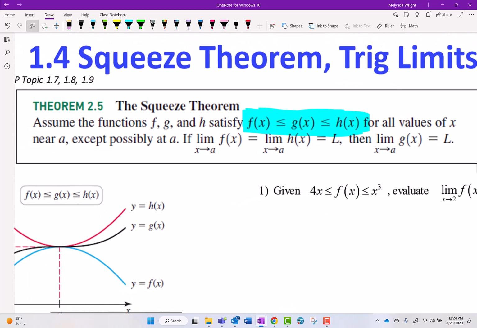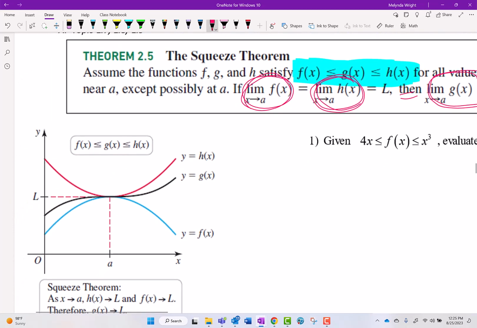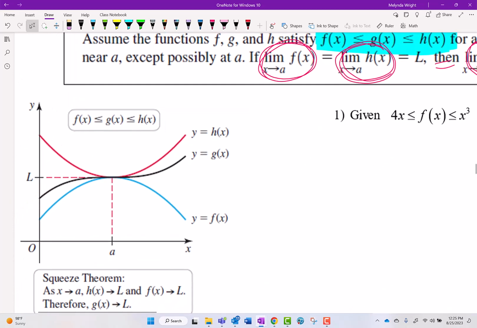What the theorem tells us is that if the limit of the little function is the same as the limit of the bigger function, then the limit of the middle one will match. That's basically the theorem. This is a visual picture of the theorem.